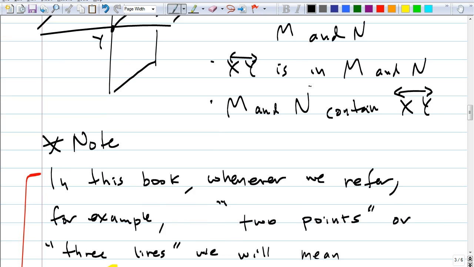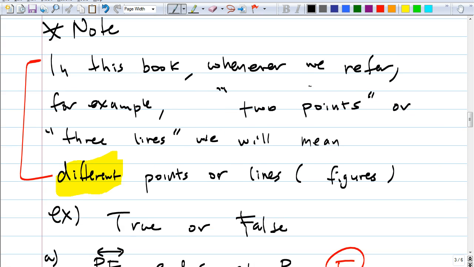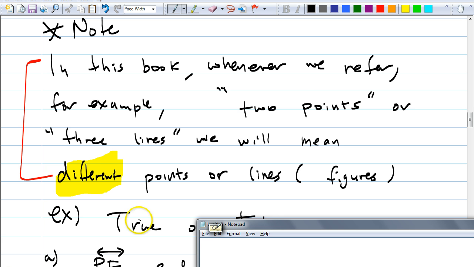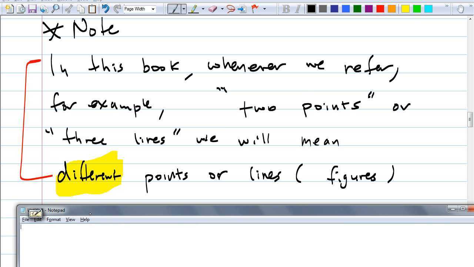Please write this down. In this book, whenever we refer to, for example, 2 points or 3 lines or 5 lines, we mean what? This is sort of the hidden meaning. Two what kind of lines? Look what it says, guys. Read it up here: different. Two different lines.